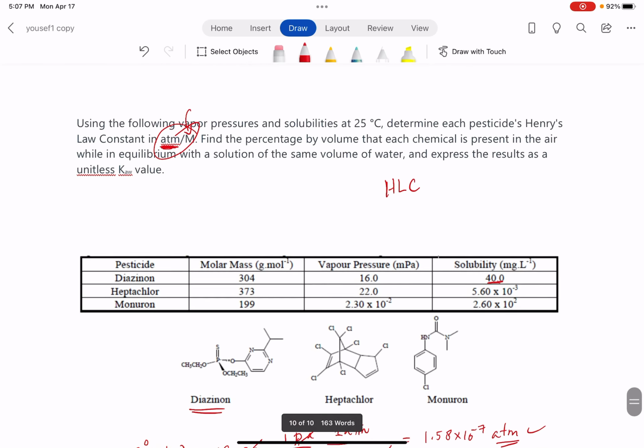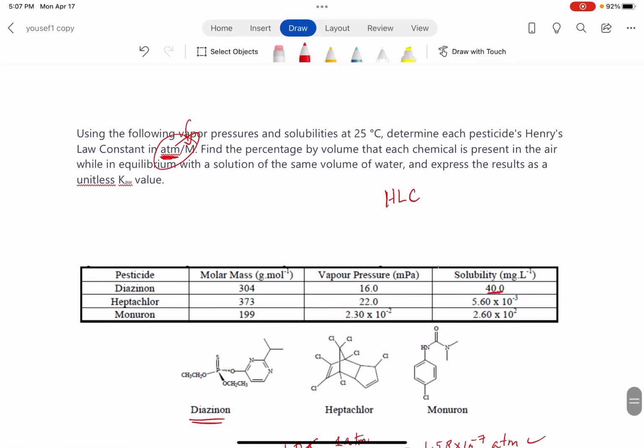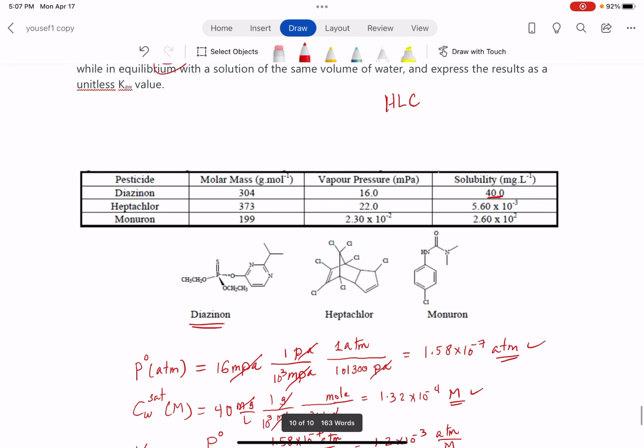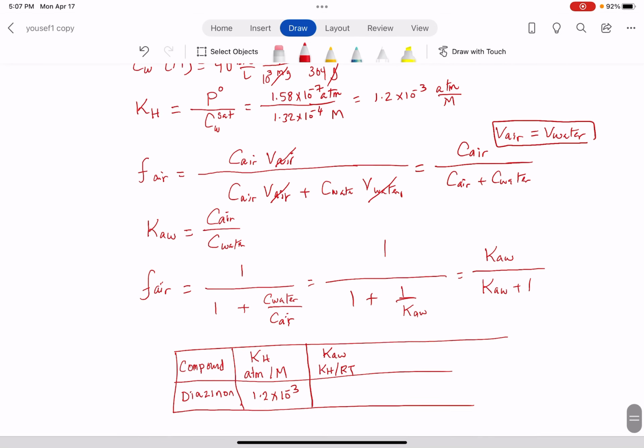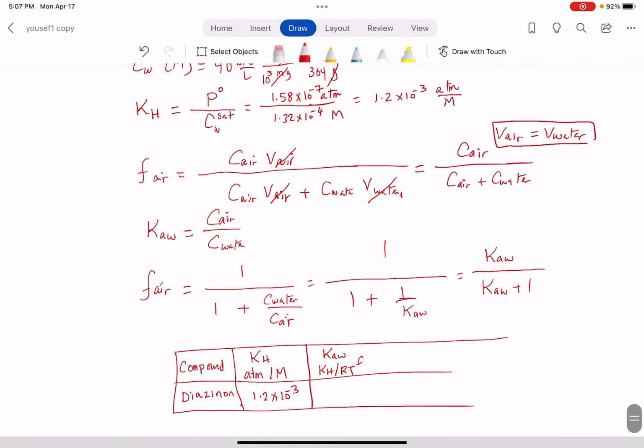The temperature here was given as 25 Celsius, so you change this to Kelvin and put it here. And of course you should use the R constant, the constant we chose for the class. I'll give you the answer here: 4.91 times 10 to the minus 5.